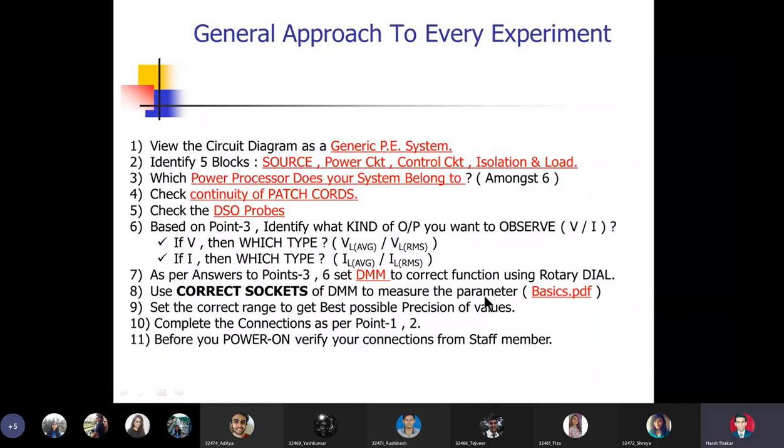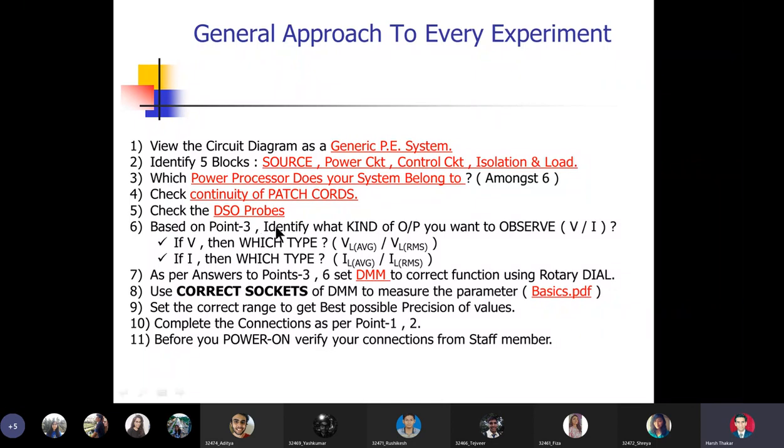Fifth important point is check the DSO probes. You know, DSO stands for Digital Storage Oscilloscope. It is also important to check the DSO probe because we cannot assume anything. Just like we cannot assume that the patch cords do not have any break inside, we cannot assume that DSO probes are working fine.